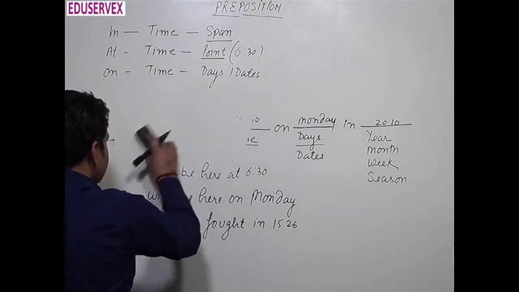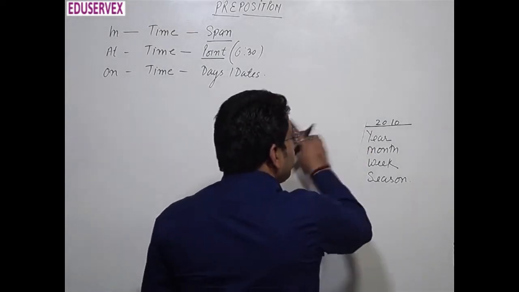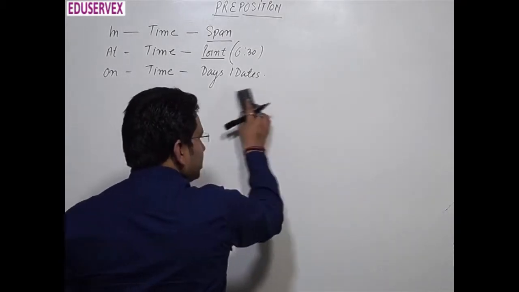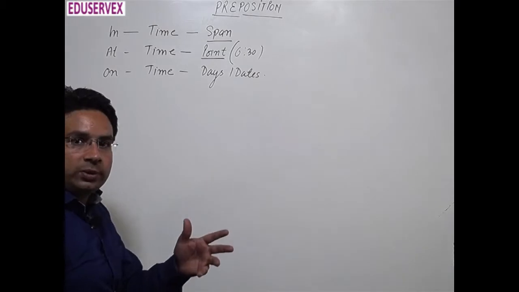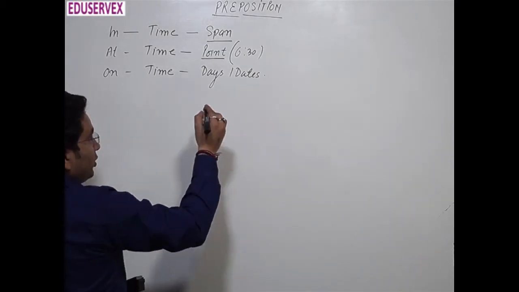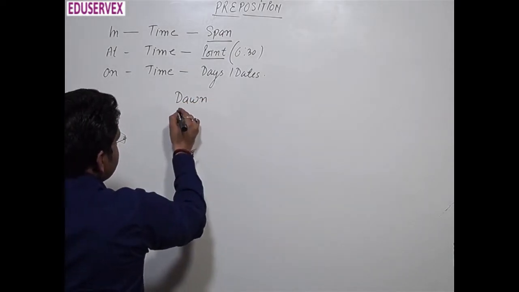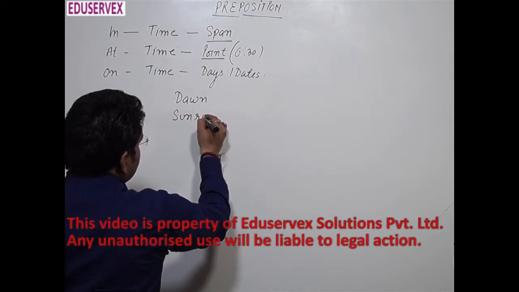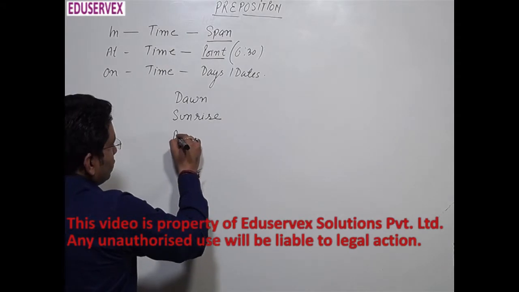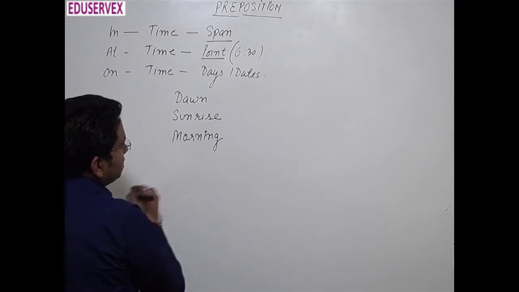Somebody says he was born at dawn. Somebody says he was born in the morning. So where to use in, where to use at? It is described. Let's see. First, make the fragments of the day. Start with the very first word, dawn. Its equivalent, sunrise. Then we have the word morning.